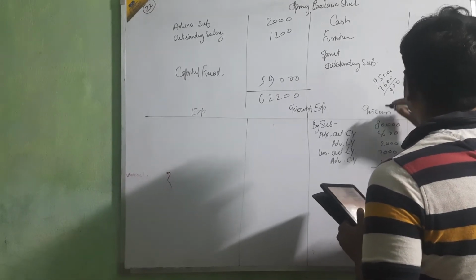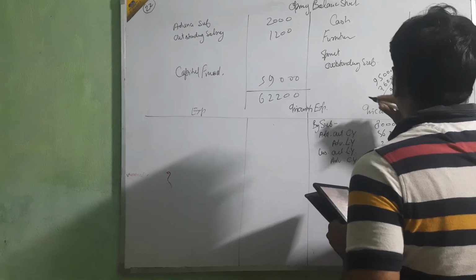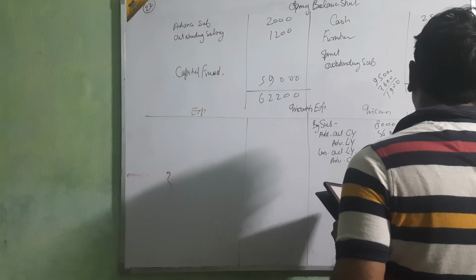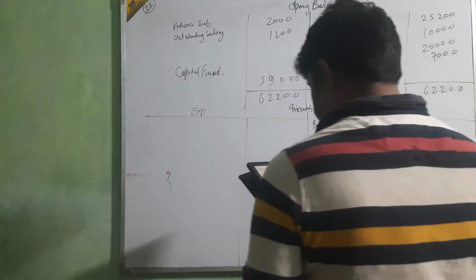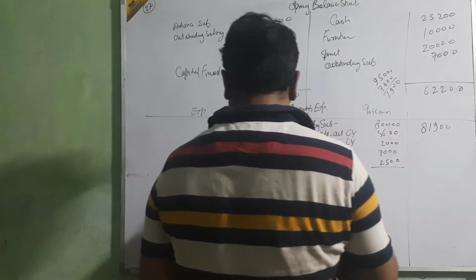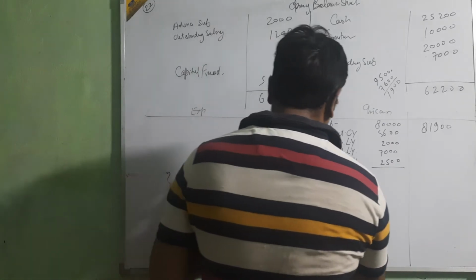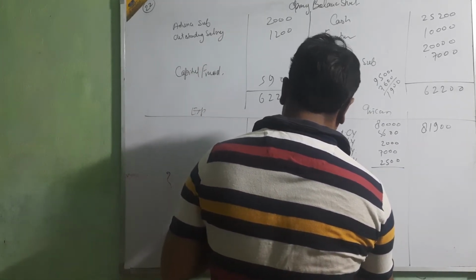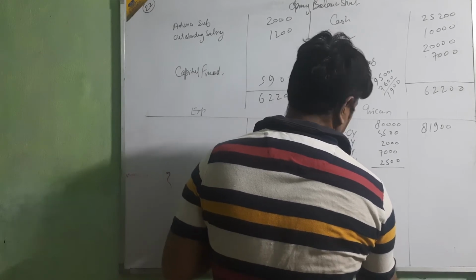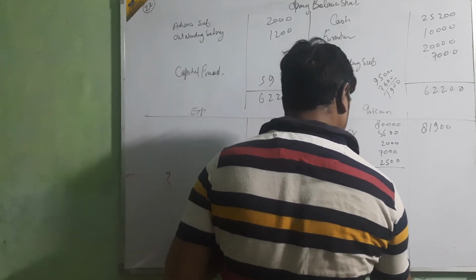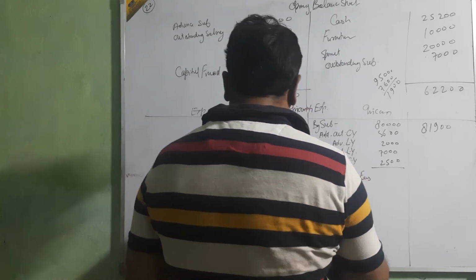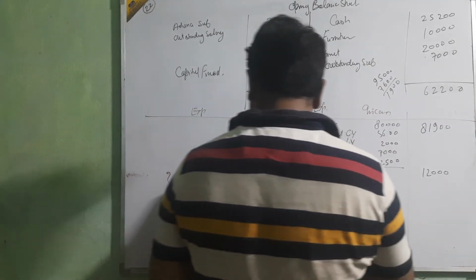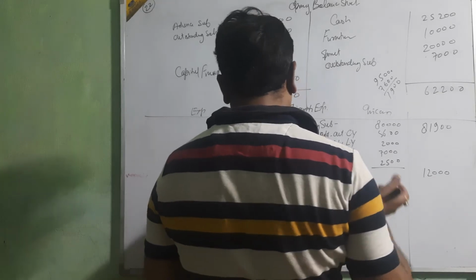Then 81,900. Okay, then go for the next, and next is the entrance fee. By entrance fee 12,000. Okay, beta.